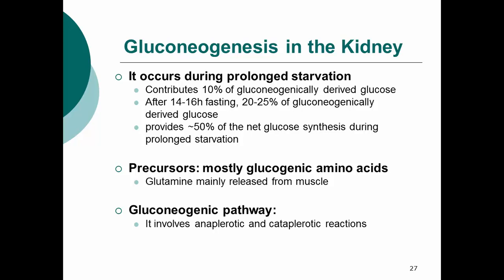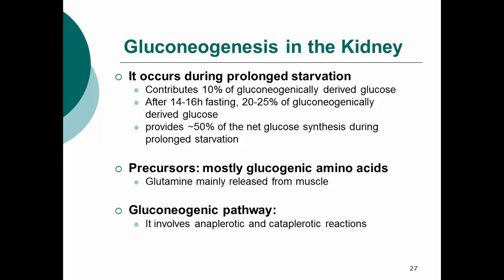For example, after 24 hours of starvation, 50% of the glucose generated from gluconeogenesis comes from the kidneys. Compared to the liver, of course, the liver is the most important tissue that makes glucose through gluconeogenesis, but during prolonged fasting the kidneys also become important, accounting for 50% of glucose from gluconeogenesis.